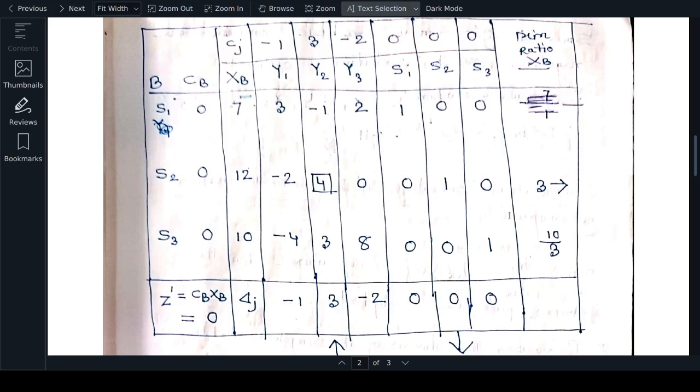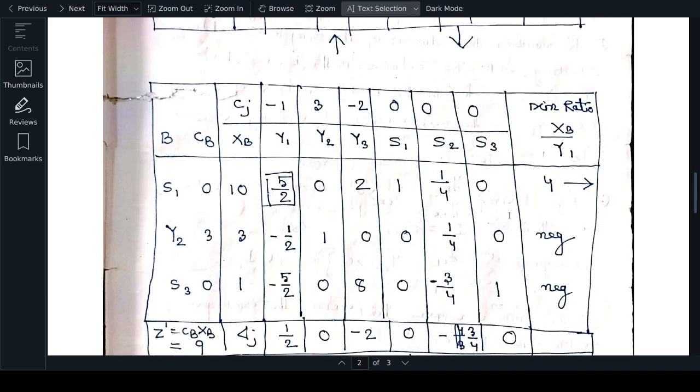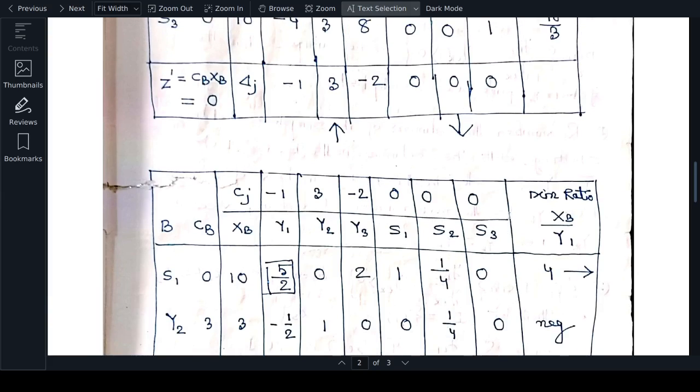Next, how to calculate in the first row the second element, 3? In place of 3, what is the value? So 3 minus -1 into -2 divided by 4.